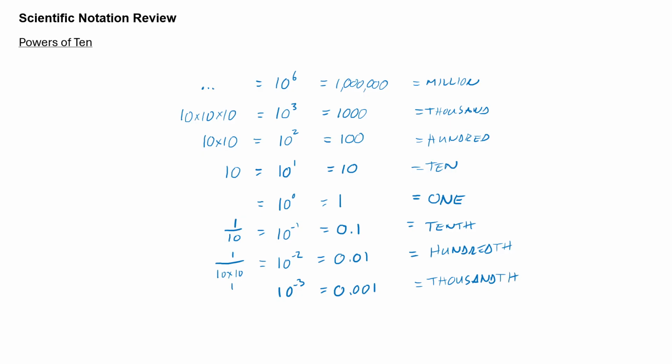And so that is really 1 over 10 times 10 times 10. That's 10 to the minus 3. And I could keep on going. Let me just throw one in here, 10 to the minus 6th. I'm not going to write it all out, and that's going to be a millionth.